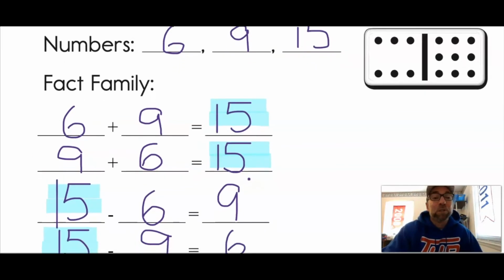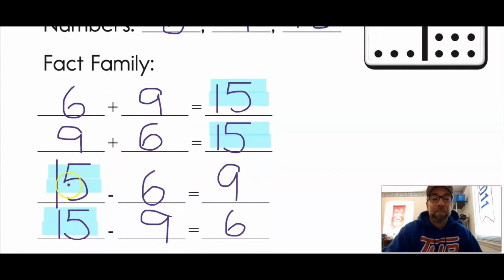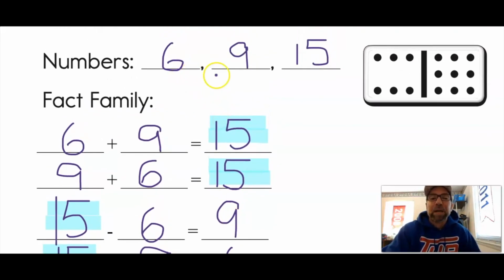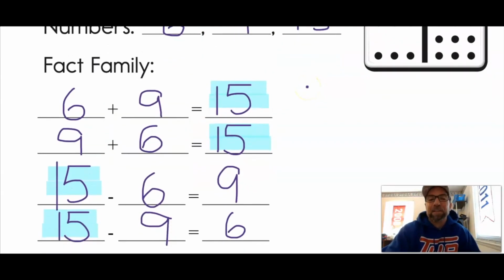And then for subtraction, my biggest number came first. 15 minus 6 equals 9. 15 minus 9 equals 6. Every problem has the same 3 numbers.